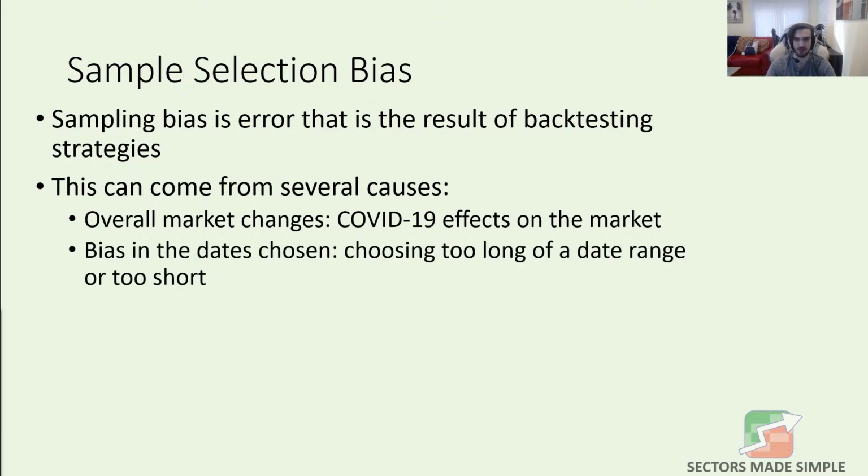The next one is the example that I gave before, where we choose too long of a period of time or too short a period of time. My strategy may have made me a ton of money in the last week, but the week before, it lost me a ton of money.